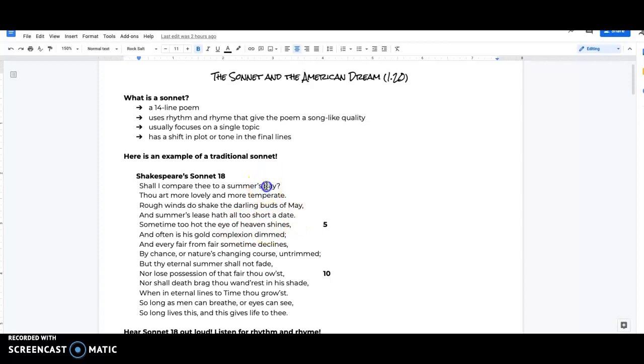And if you look at the words at the end of the lines, you can see the rhyme. Day and may, shines, declines, fade, shade. There is end rhyme that is very clear here.